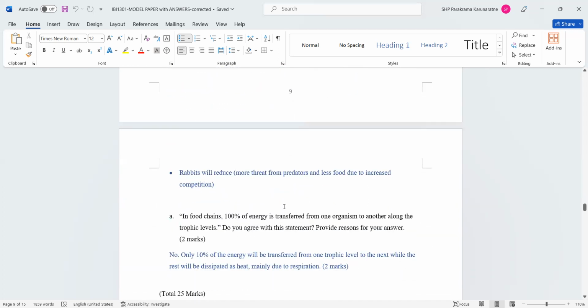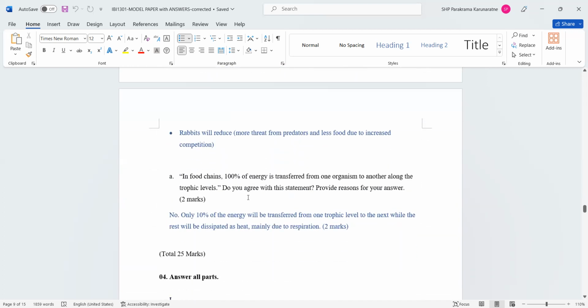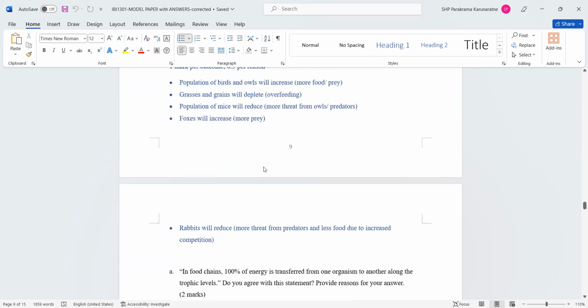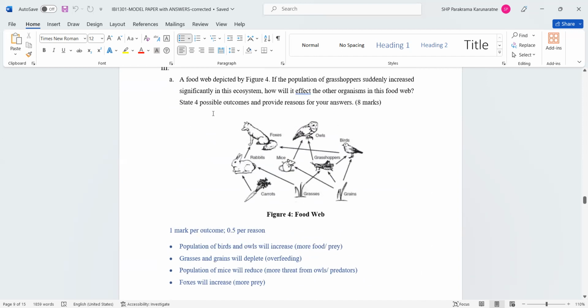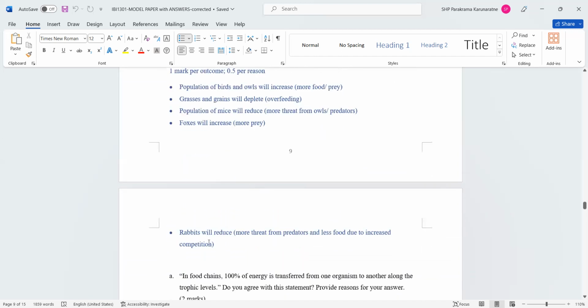And the next one: rabbits will reduce. There's another thing that can happen. How many things did we ask? 4 possible outcomes, but we have given 5. Any 4 you can write.